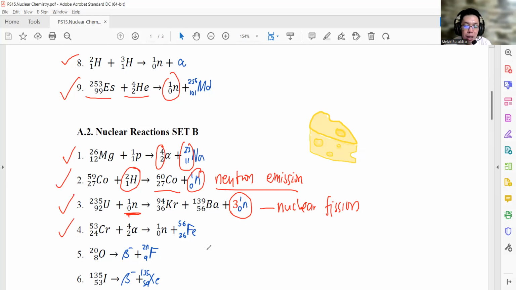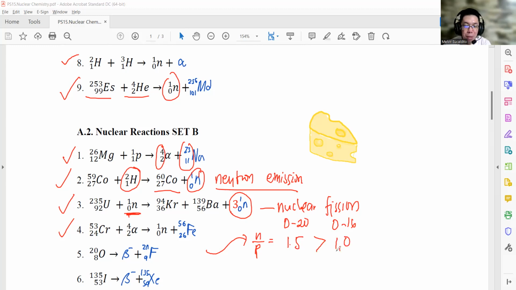Then oxygen. What's the neutron-proton ratio for oxygen? Very high. Oxygen 20. For oxygen 20, 1.5. Tapos, ang oxygen 16, para sa normal lang, of course, this is 1.